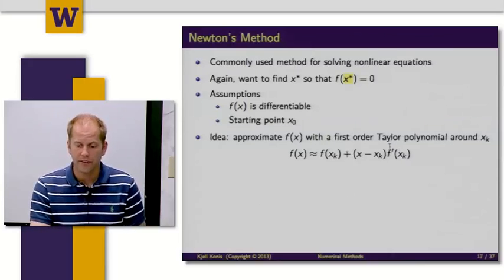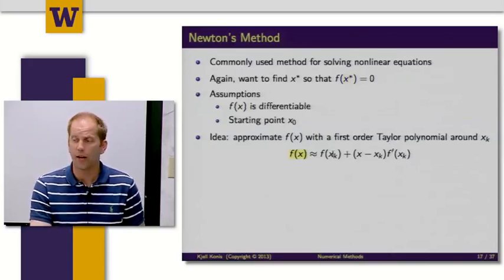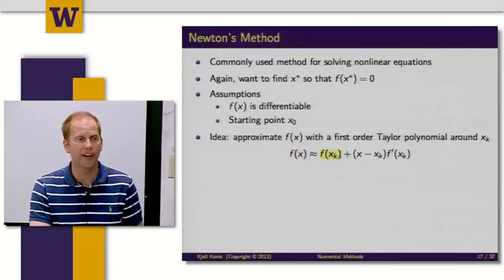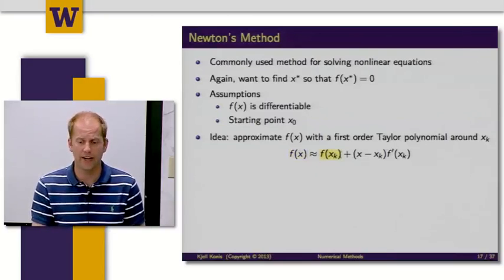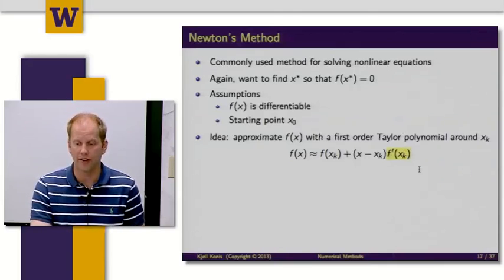So the idea for Newton's method is I'll take this function f of x, and I'm going to make a Taylor polynomial around the point xk. So I just evaluate the function at xk. So this is the point that I know. And then I have x minus xk times the slope of the function, so the derivative of f evaluated at the point xk, so f prime of xk.